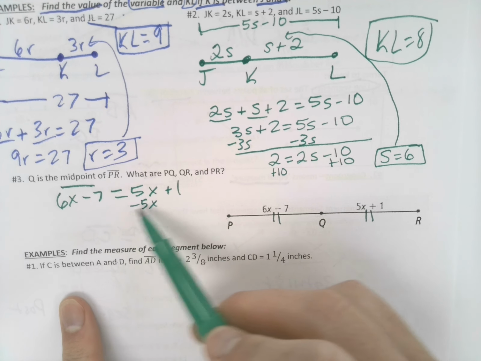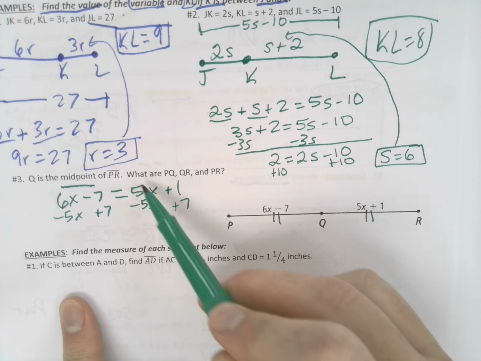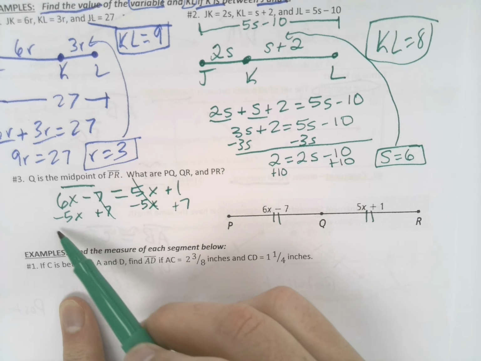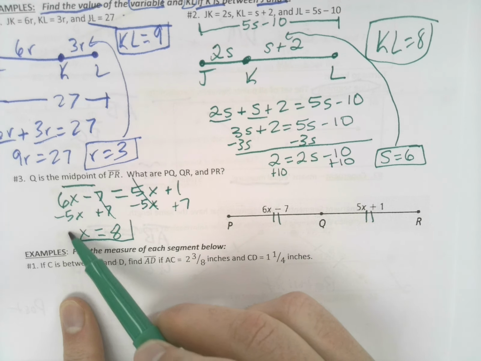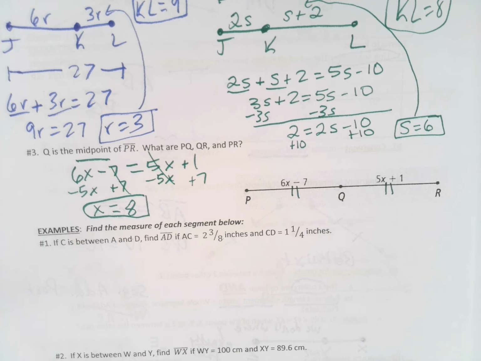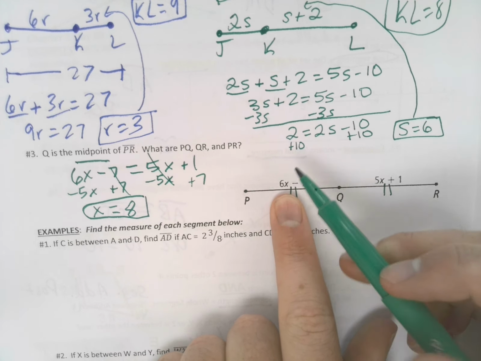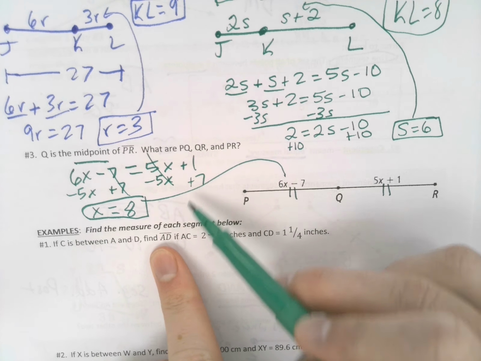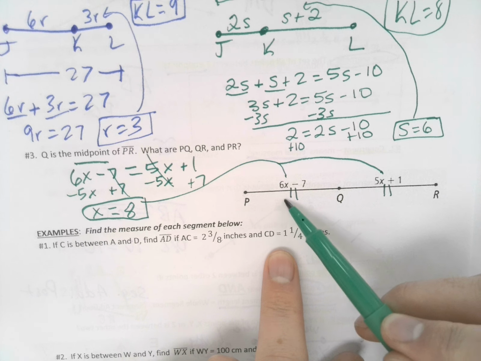And when you subtract 5x over, add 7 over, you end up with x equaling 8. And if you plug those in, of course, we find out you plug in 8 for x, we end up getting 41.